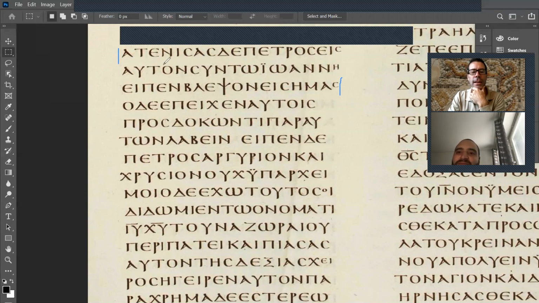I'm not sure, but some translations do this, like he stared intently at the guy. Peter, Petros, eis auton, at him with John, syn to Ioanne. So after staring, he said, eipen, blepson eis hemas, aorist imperative, blepson.